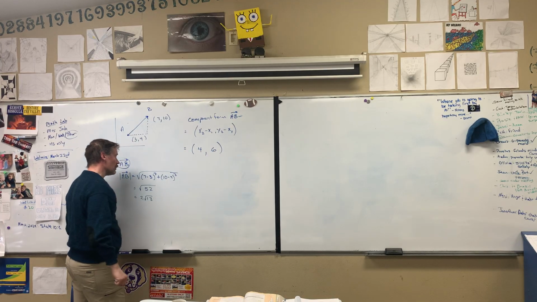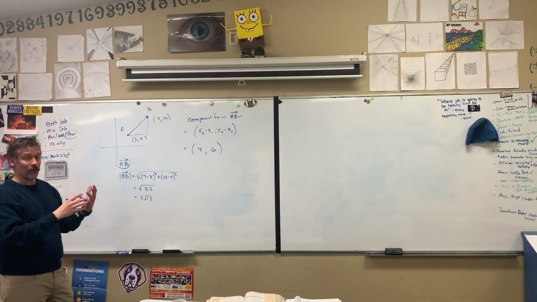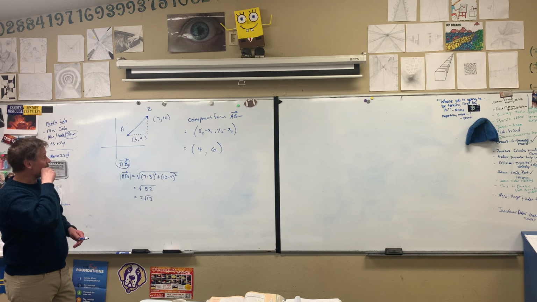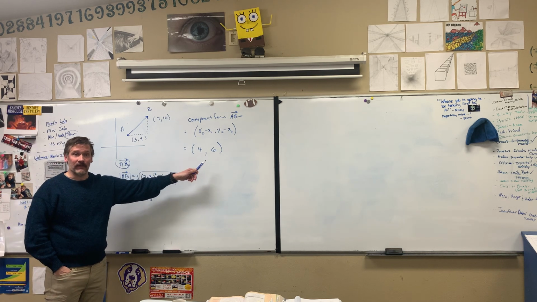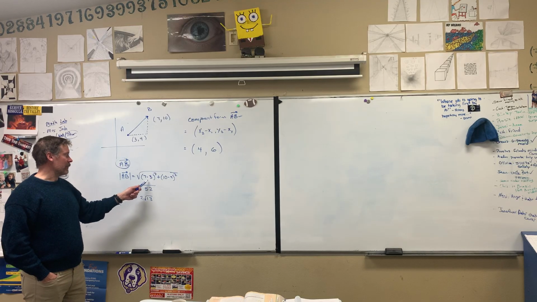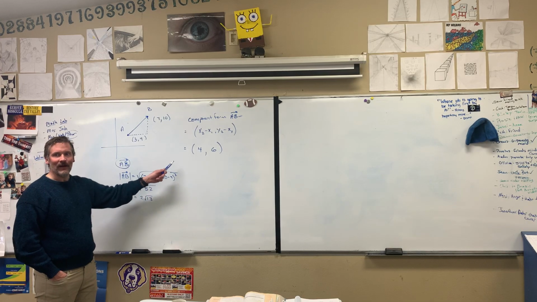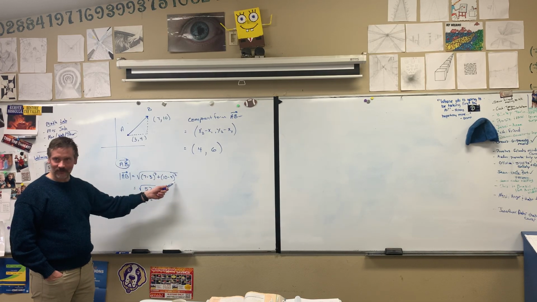Now, one thing you can do as you're doing problems with component form and magnitude is look at the 4 and the 6. x2 minus x1 really is what our magnitude uses: x2 minus x1 squared, y2 minus y1 squared. So if you find the component form of 4 and 6, then you can just go 4 squared plus 6 squared.